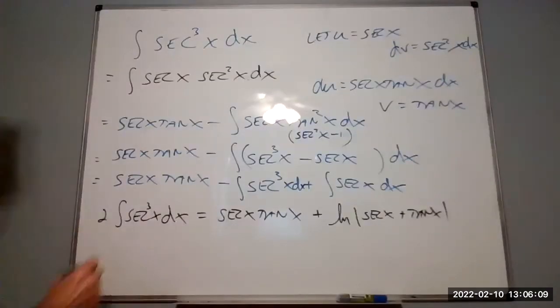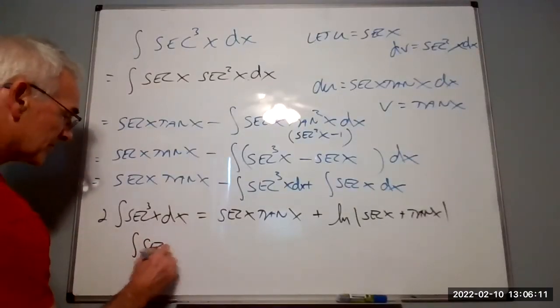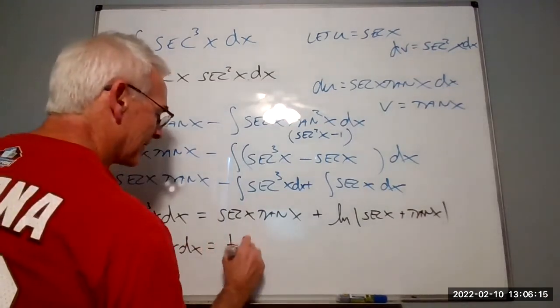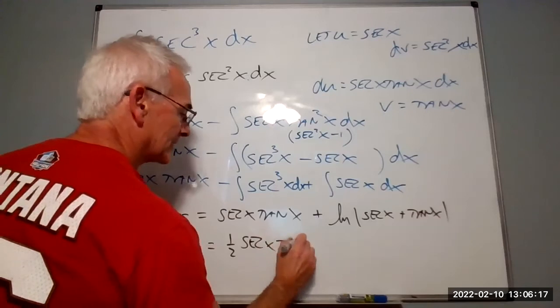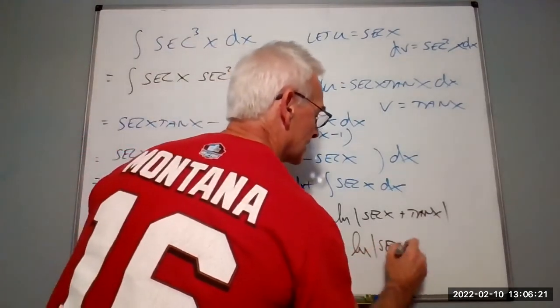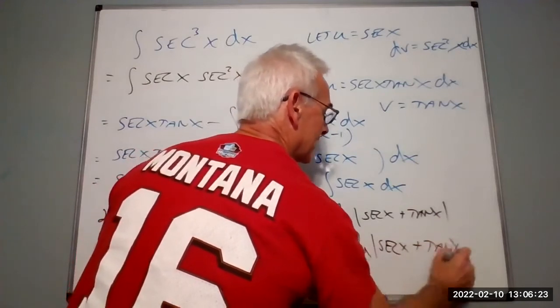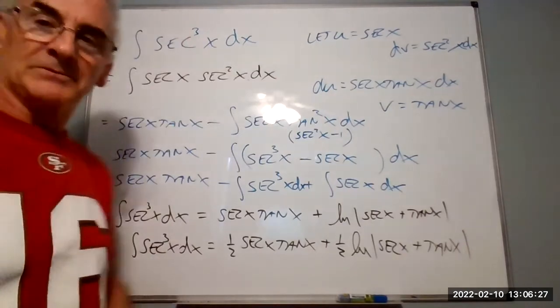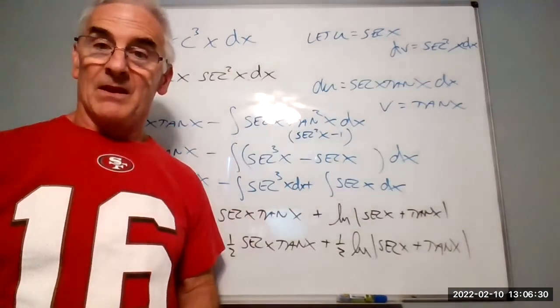But now we can finish. The integral of secant cubed x dx is equal to half secant x tan x plus half the log of secant x plus tan x. Now, I asked you one really small problem. It's secant to a simple power.